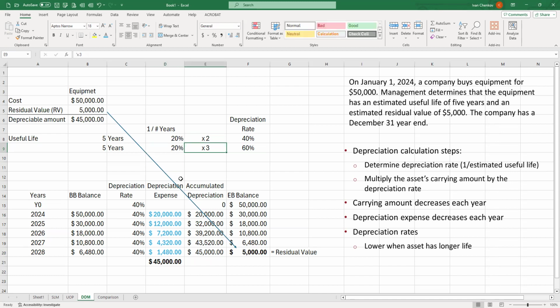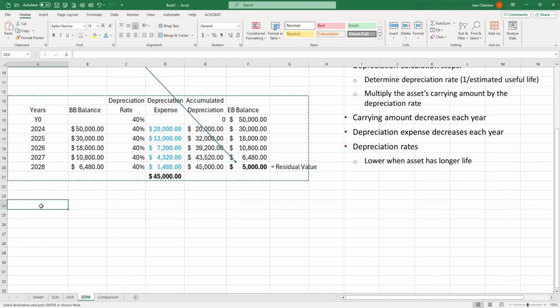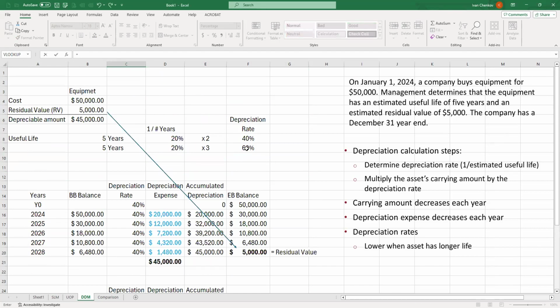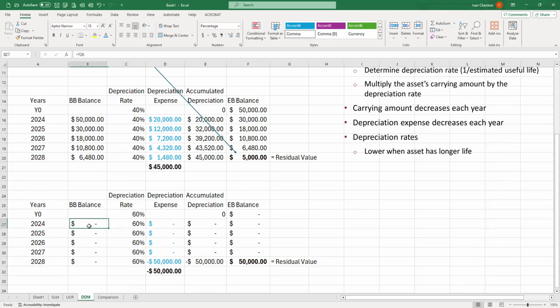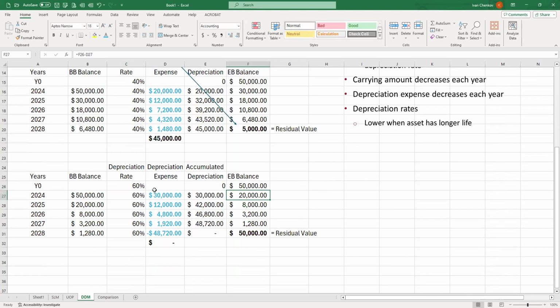And what's going to happen in that case? We can depreciate the asset faster. In the first years, you're going to have a huge depreciation. If you want to do it with the 60%, we can do one comparison here. We apply a rate of 60% here, and the beginning balance is equal to $50,000. In that case, as you can see, at the third year we're already below the balance.